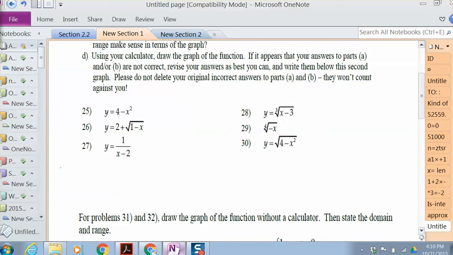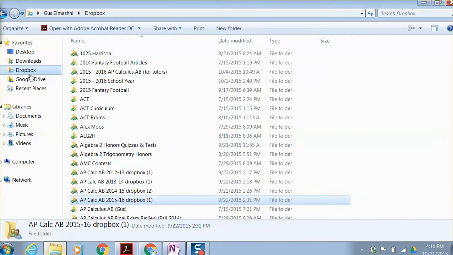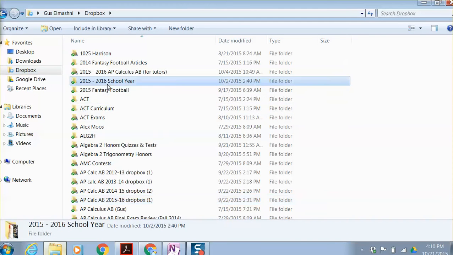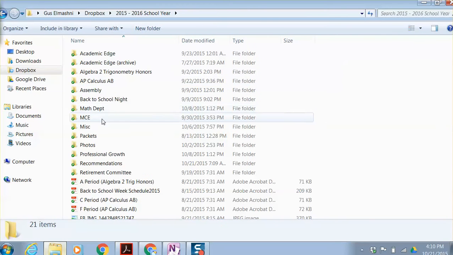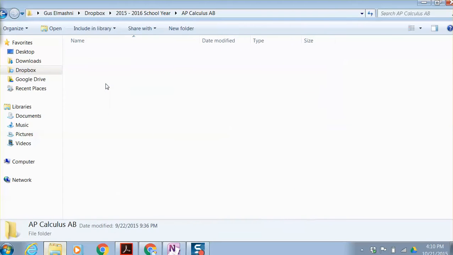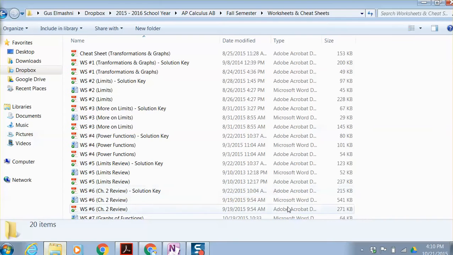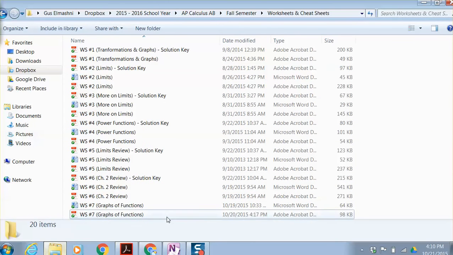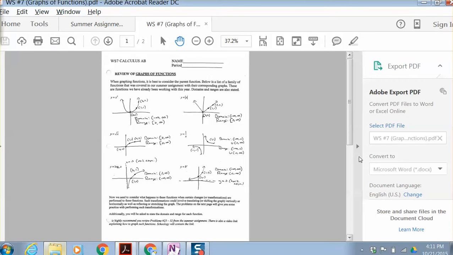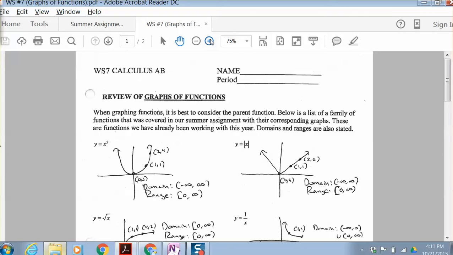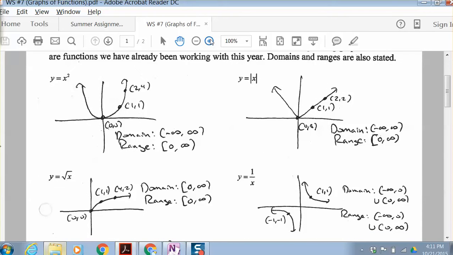So for number 25, you have y equals 4 minus x squared. Now, if you go to our worksheet 7, we see that the parent function is a quadratic, or like y equals x squared, which should look like that.